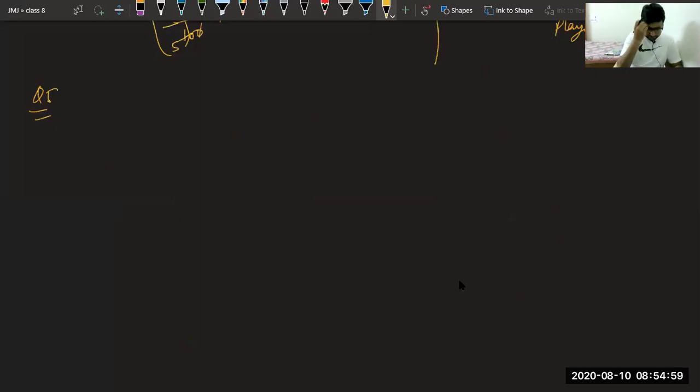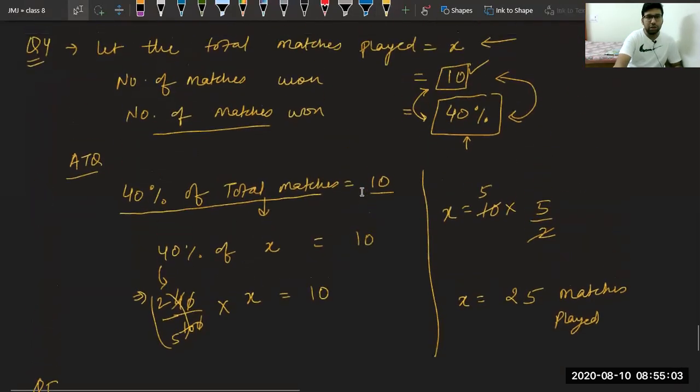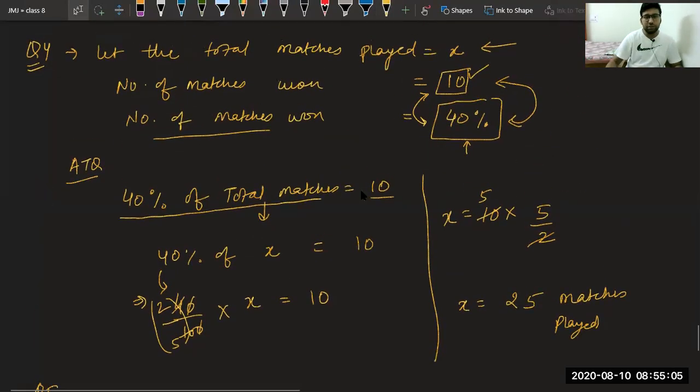Prisha is saying, please repeat, sir. Prisha, in the last question, it was given that the number of matches won is 10 and the number of matches won is also 40%. They were asking how many total matches were played.